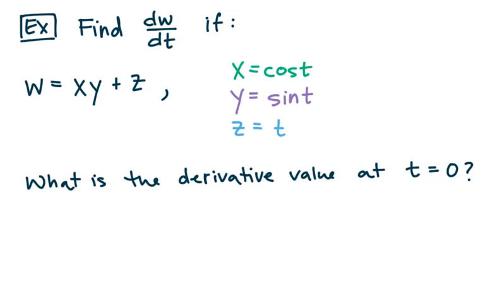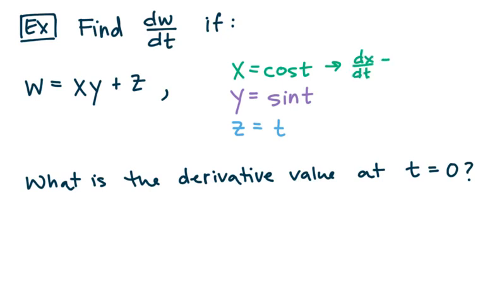Per the previous slide, the definition requires the derivative of each of these intermediate functions with respect to t, and also the partial of w with respect to each of the variables x, y, and z. So I'll start by writing each of those derivatives first, since I know I'll need them.